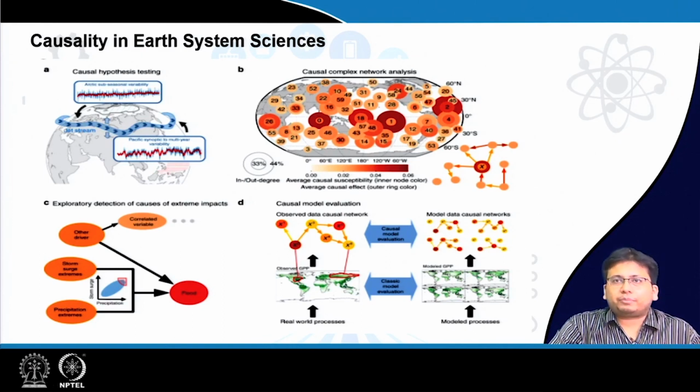This is important because these models are used to evaluate the various counterfactual scenarios which we just discussed. That is, one possibility of evaluating a counterfactual scenario is to simulate it using the models.